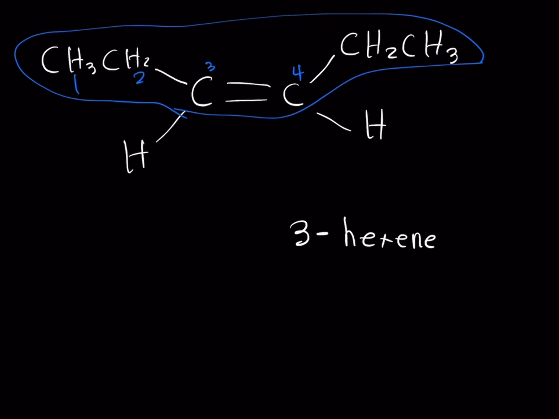However, this is a cis molecule because the hydrogens are on the same side and the ethyls are also on the same side. So this is going to be cis 3-hexene.